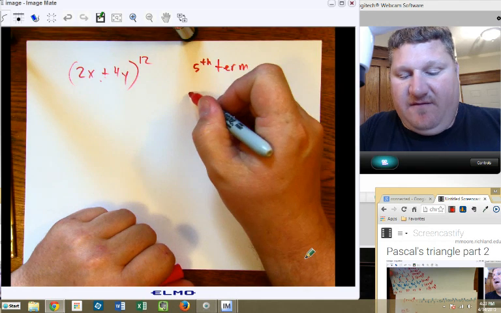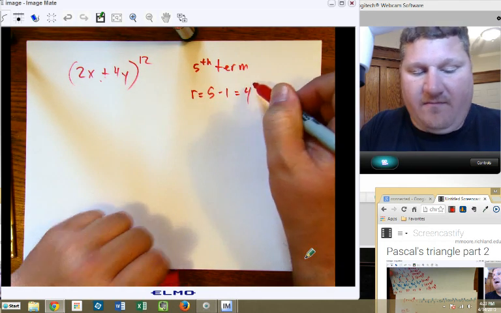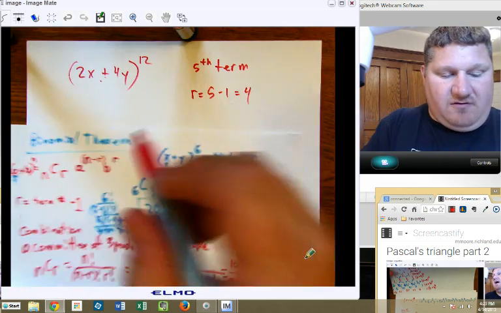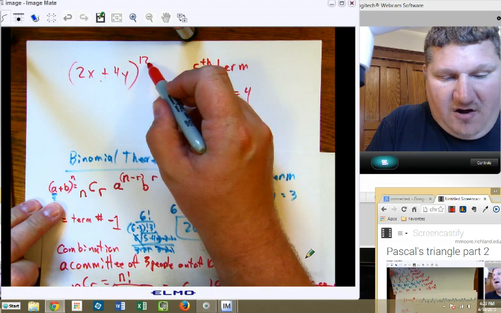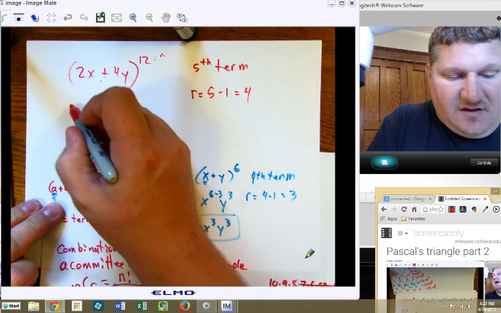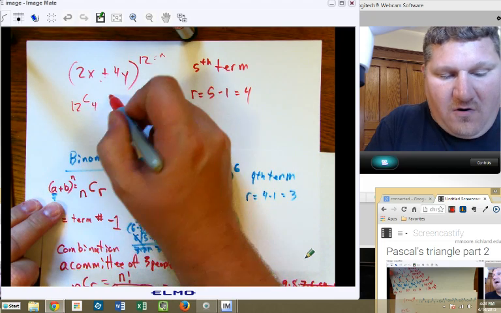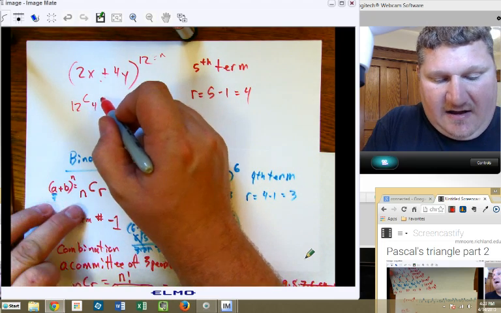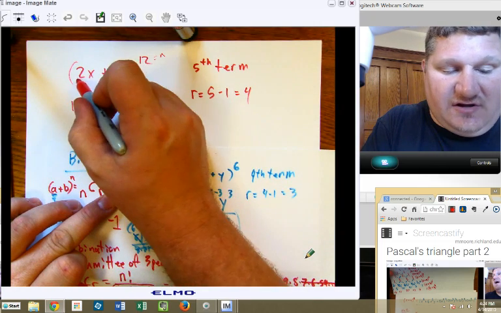Well, if I want the 5th term, I'm going to say r equals 5 minus 1 is 4. I'm going to grab my formula right over here, and 12 is n. So I have 12 choose 4 times, now a in this case is actually a group of things.